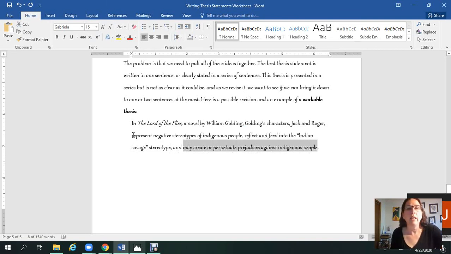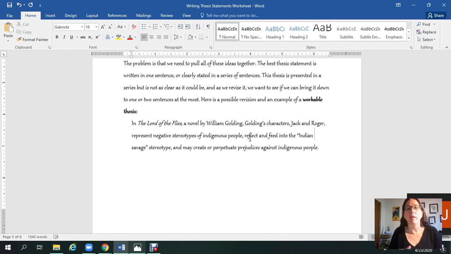So basically, this first paragraph is going to talk about how Jack and Roger represent negative stereotypes of Indigenous people. The second paragraph is going to talk about how what the author presents reflects the stereotypes at the time, and how they can, across time, feed into that Indian savage stereotype, so it affects or impacts the audience.